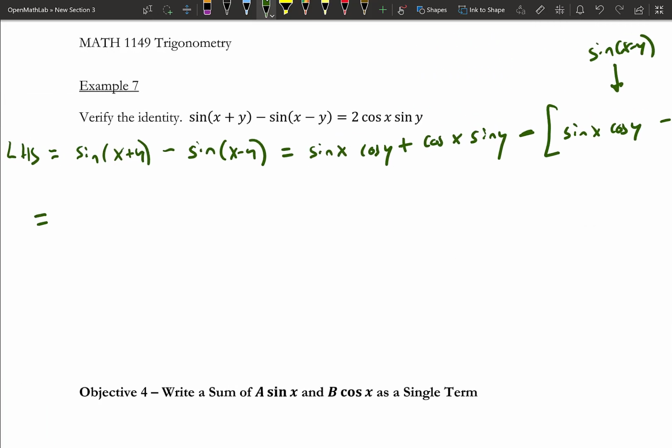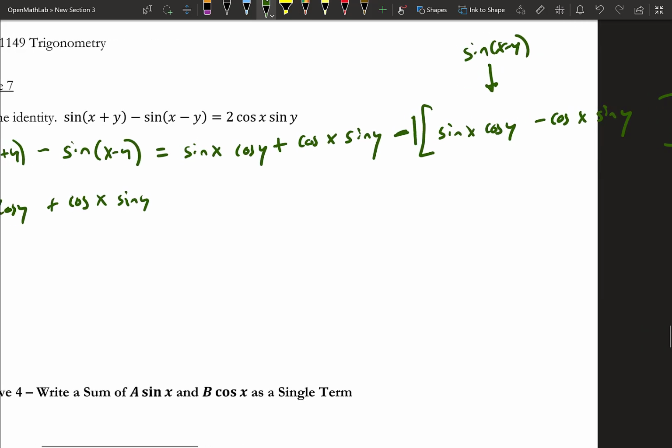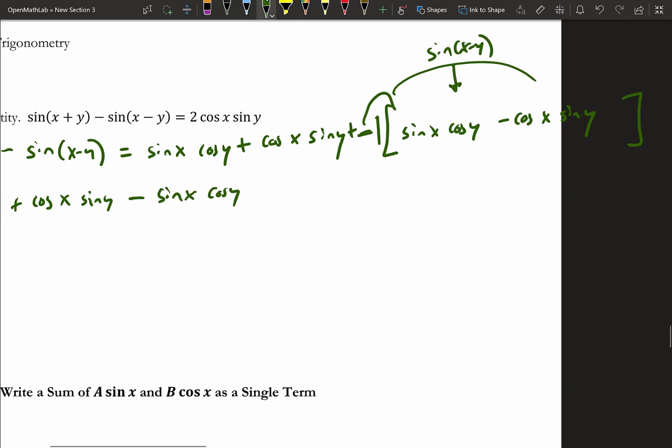This would be sine x cosine y plus cosine x sine y. I'm going to distribute the negative 1 through, so this would be minus sine x cosine y plus cosine x sine y.